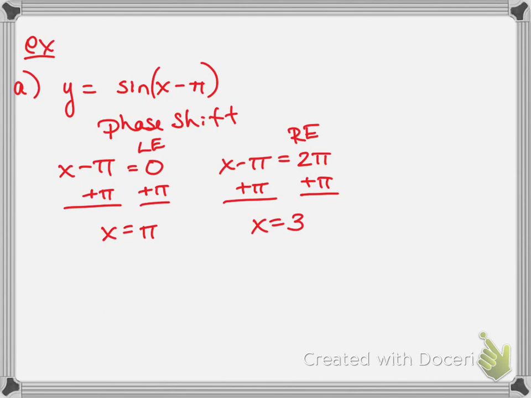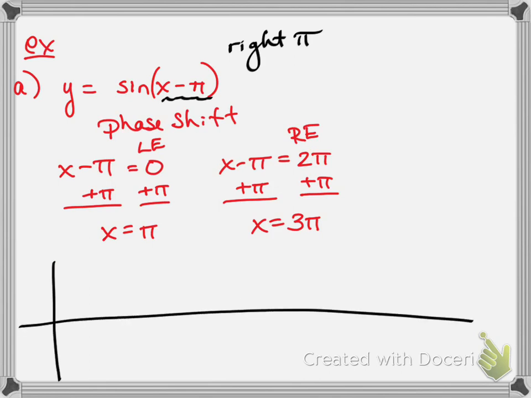So this is a nice one. You could have figured out what was going to happen just by looking at that, and you would have said that it would go right pi units. So instead of starting at 0, we're going to start at pi, and we are going to finish at 3 pi. We still have a period of 2 pi, so we're going to count by pi over 2 still.